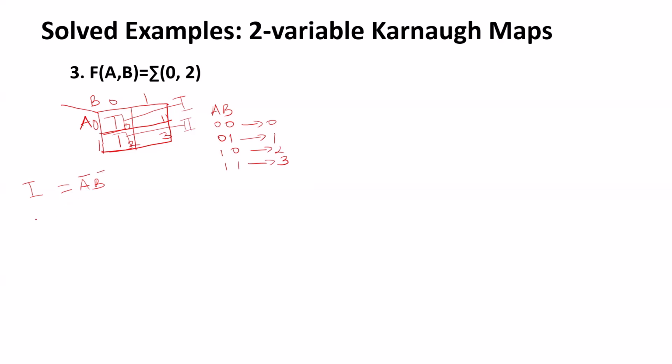For the second equation, we have that A is 1 and B is 0. So we have A B bar. So the output of this expression is A bar B bar plus A B bar. And because we have A and the negation of A, which cancel each other, this gives us B bar, as we can see.